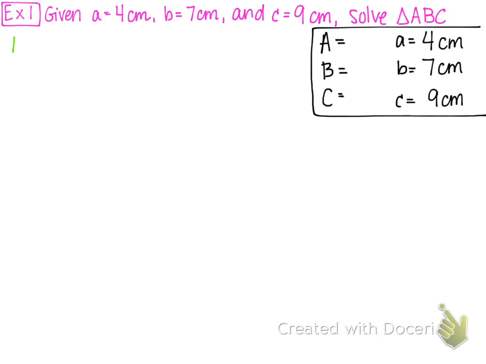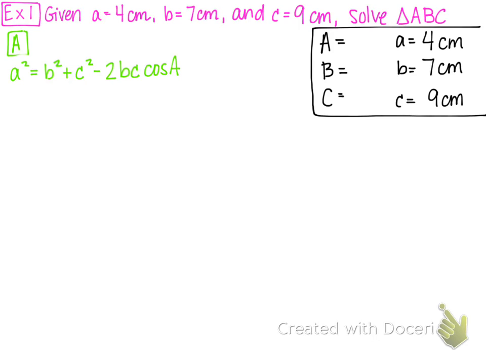So let's be organized. We're finding big A. So we have to use the law of cosines that has big A in it. Little a squared is equal to little b squared plus little c squared minus 2 times little b, little c, cosine of big A. Okay, so now we need to plug in all of the variables that we know.